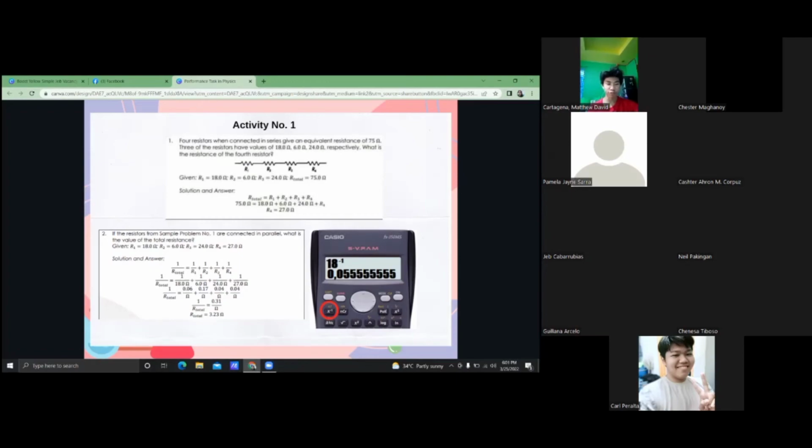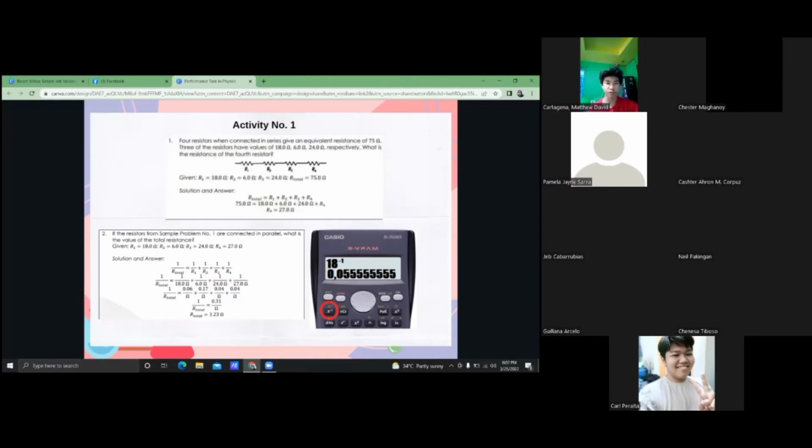To get the value, you have to find the symbol that is encircled in the slide on your scientific calculator. For example, 1 over total resistance equals to 18, then find the symbol that has x to the negative 1, and the answer that you will see is 0.05 and so on.